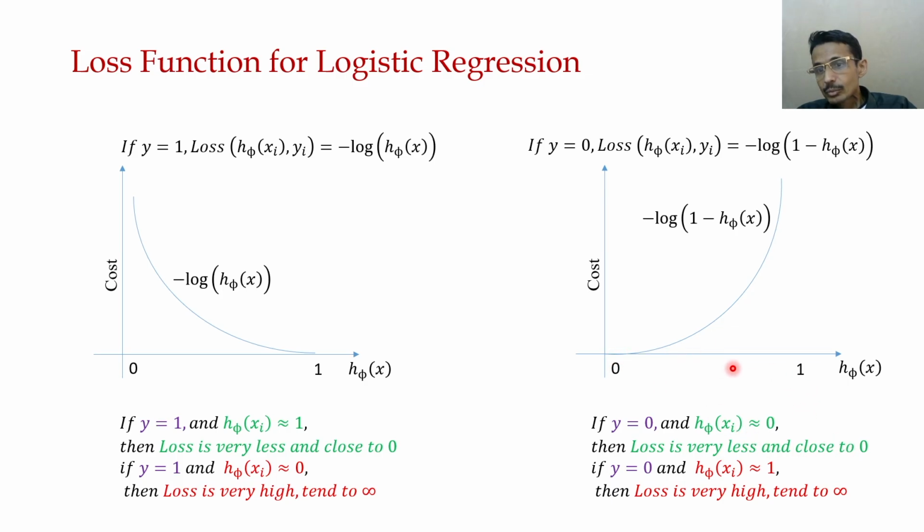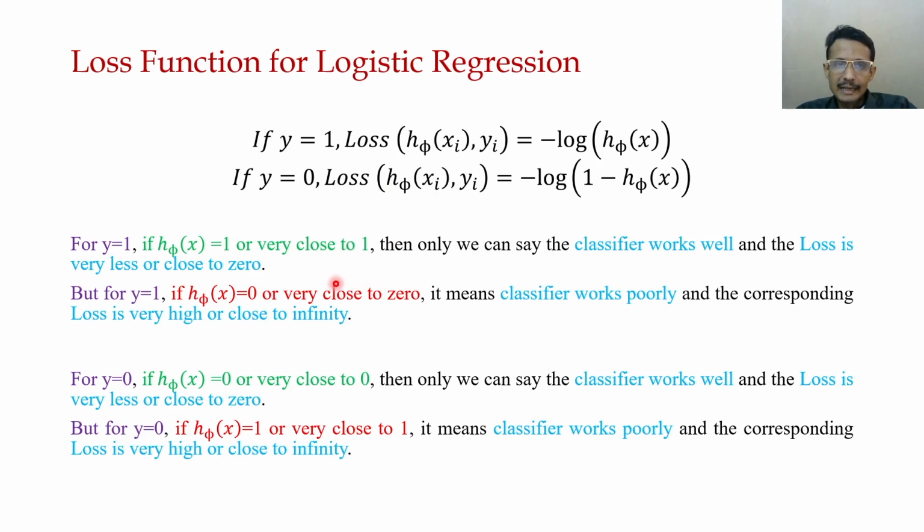But if it gives 1 when y is equal to 0, its cost is very high, tending to infinity. Exactly that is what we required. So with these two equations, we can achieve our classification rules for logistic regression.